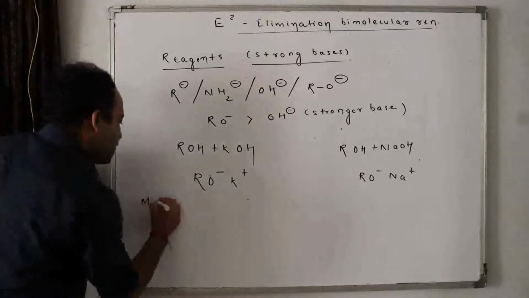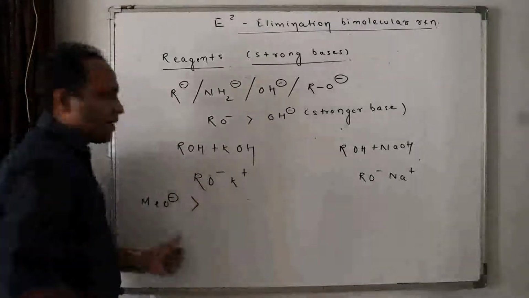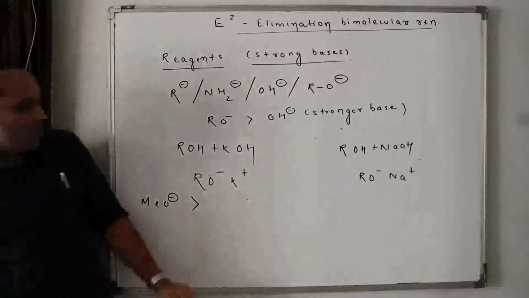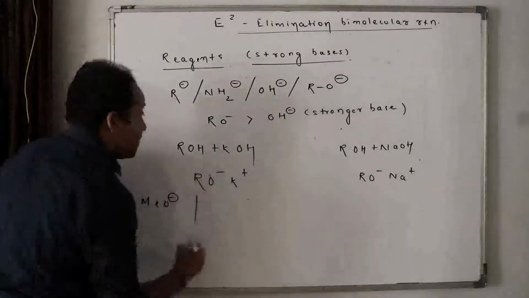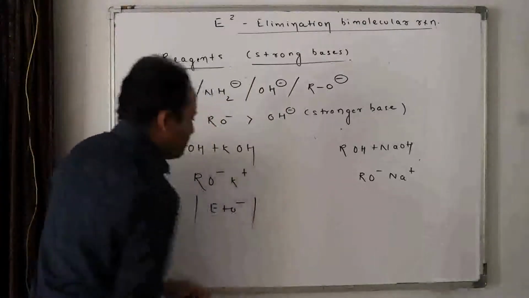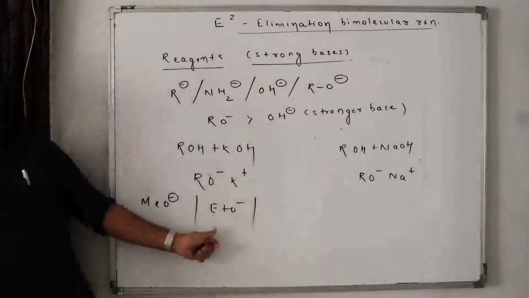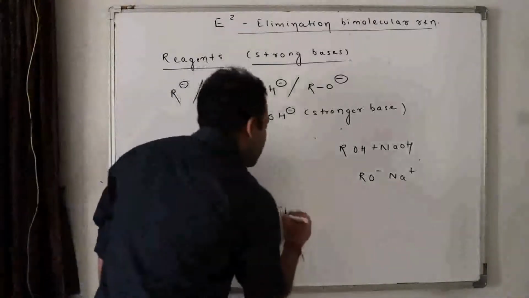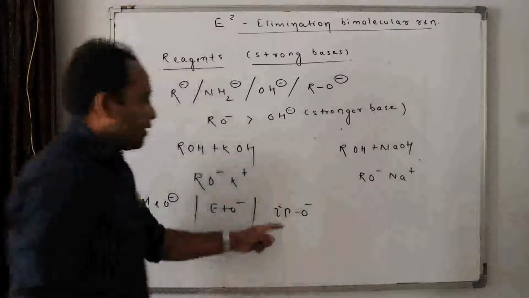Can I write like this? MeO minus. MeO minus is a base, and can be used in this manner. EtO minus. I am not writing in a trend, increasing or decreasing, just examples. Similarly, isopropyl O minus. Isopropyl, do you remember?